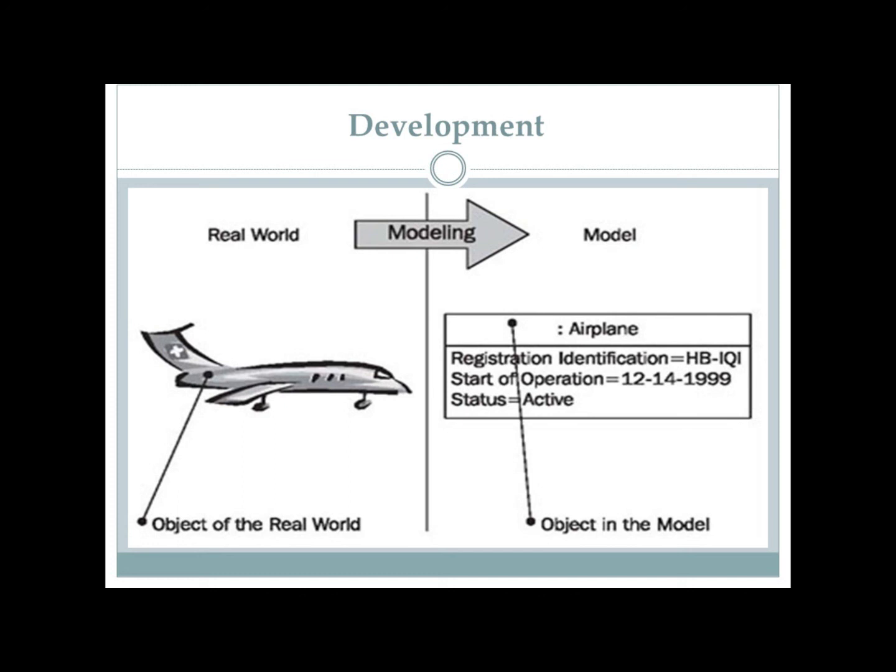Then to represent that real world entity, we have to build a class having some attributes with values to those attributes. Here you can see the class with the name airplane with some attributes like identification, operation and status. All these attributes have their own values associated with them.